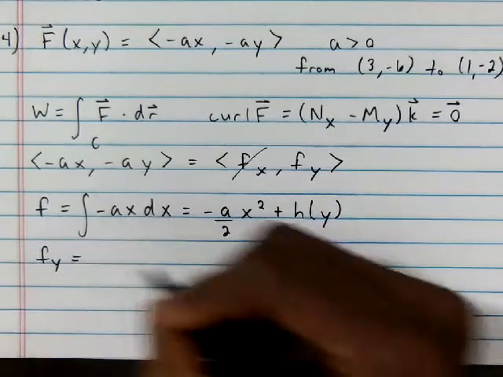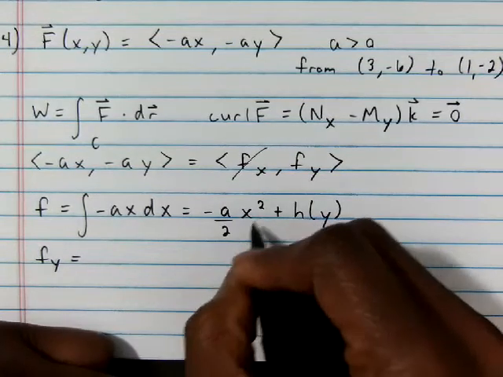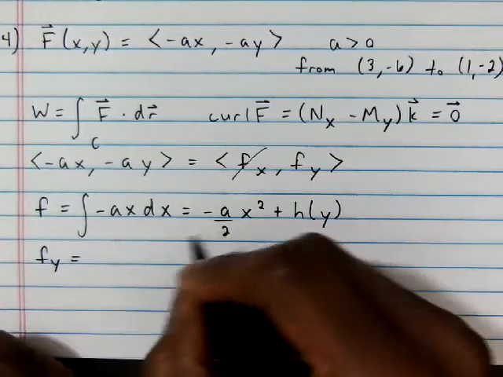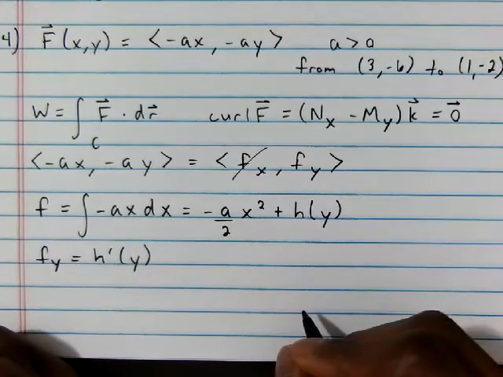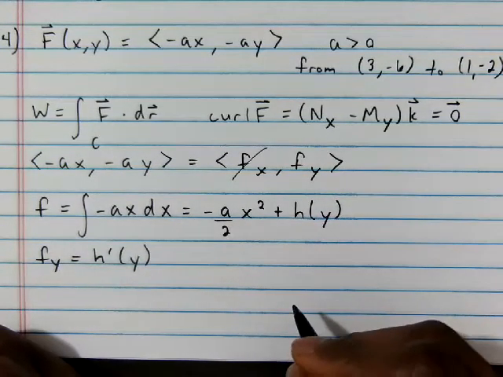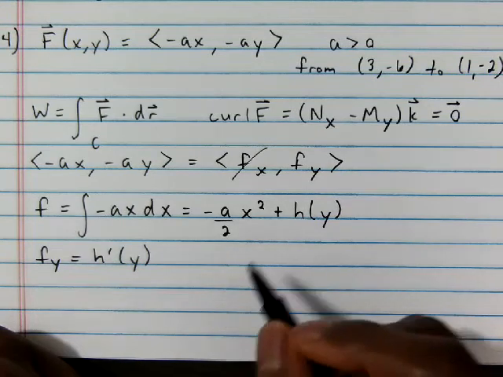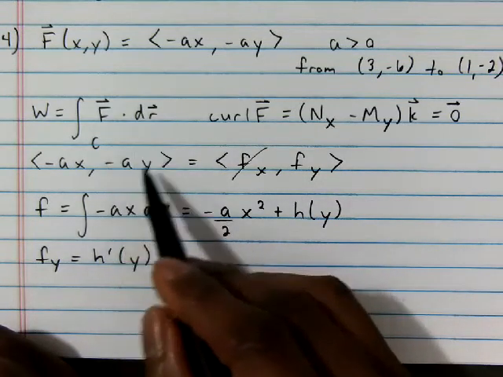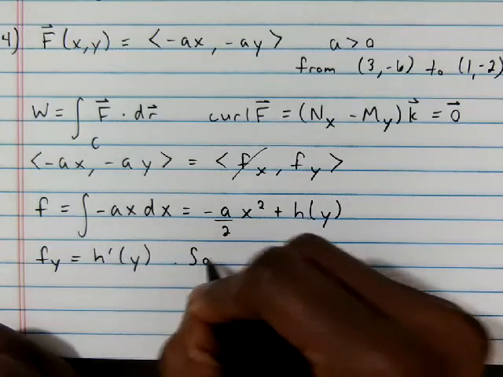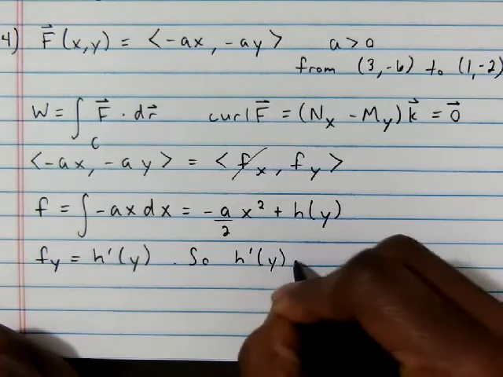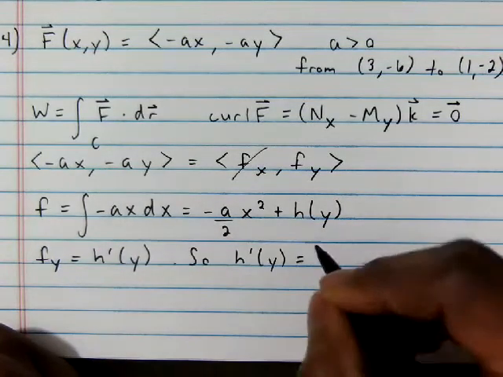So f sub y equals, that's just going to be 0, and then this would be h prime of y. But we know that f sub y, the partial of f with respect to y, is supposed to be this. So h prime of y has to be equal to negative ay.